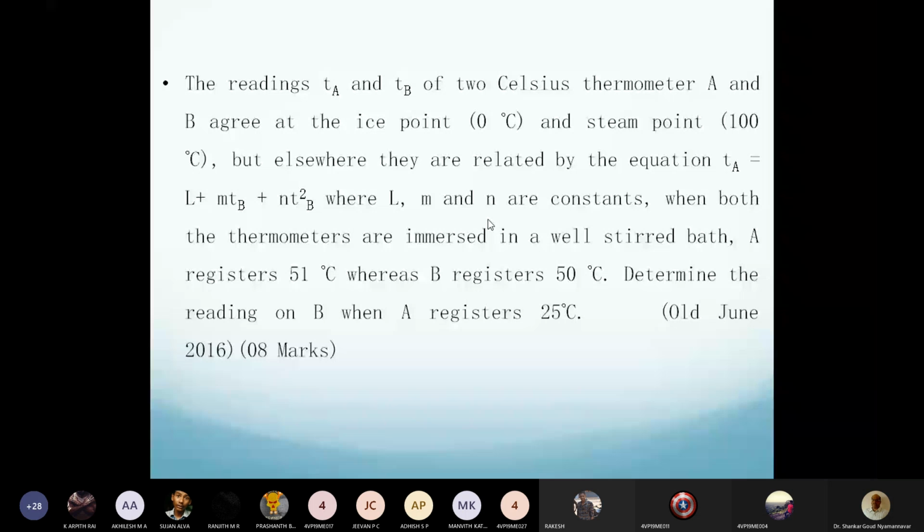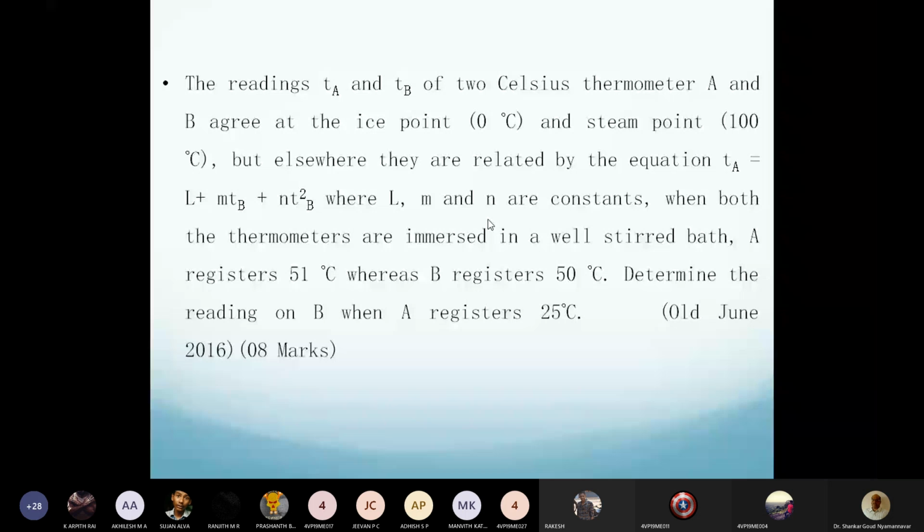So you have equations here. The first is 1 is equal to m plus 100n. The second equation is 1 is equal to m plus 100n. The third equation is 51 by 50 is equal to m plus 50n. Correct? Yes, sir. So now subtract equation 3 from equation 2.